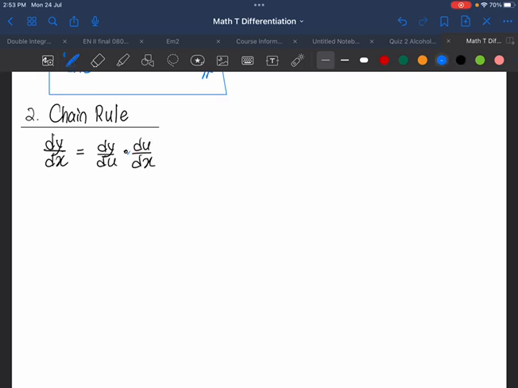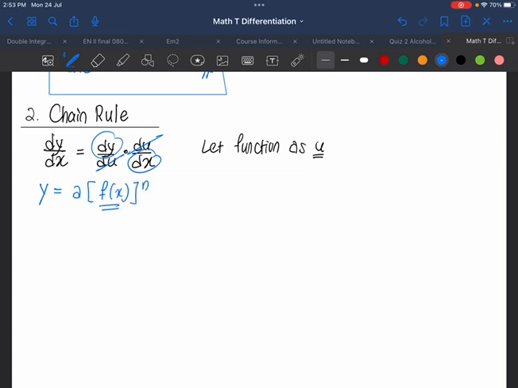Actually it's the same thing: when we cancel out the du, it is the same as dy/dx. So why don't we use this directly? Because we want to let a function be u.